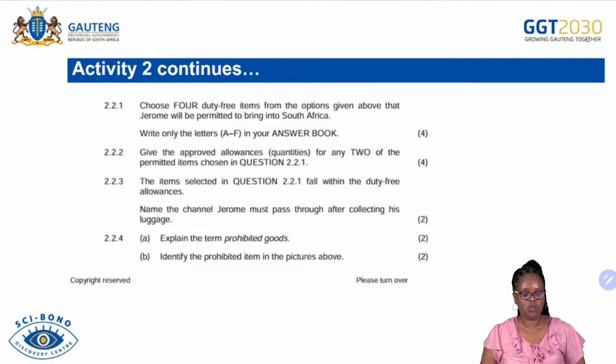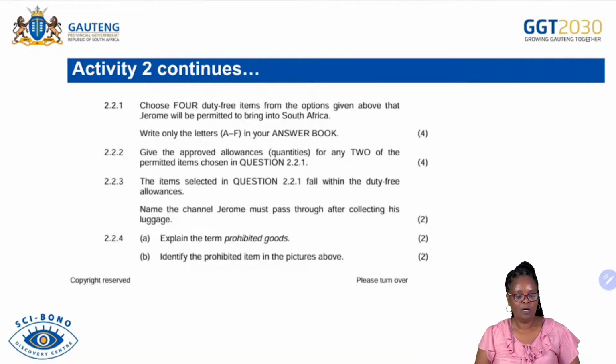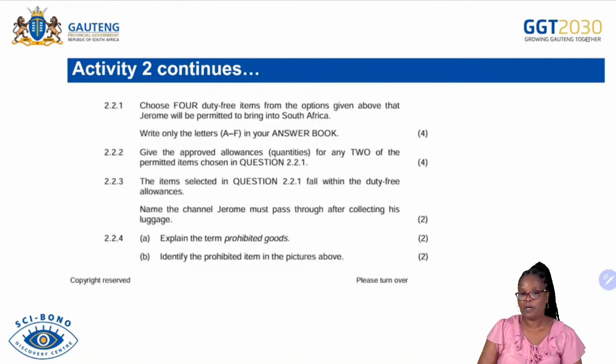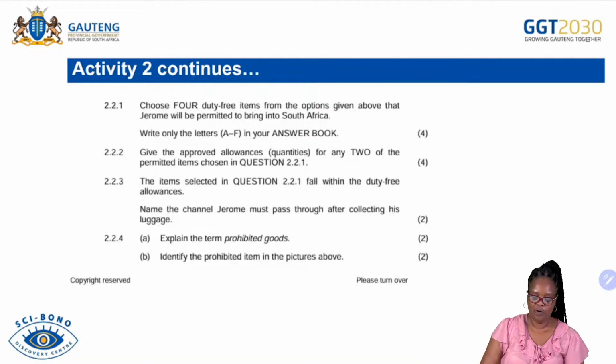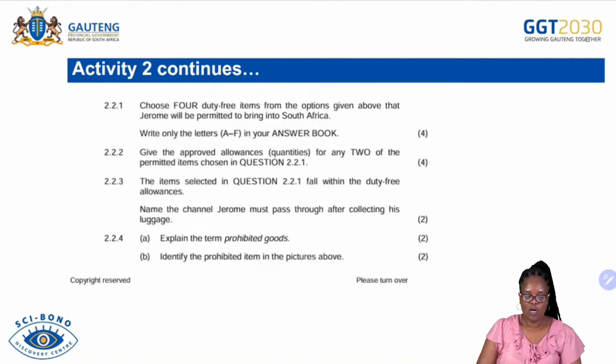Then we go to 2.2.2. It said give the approved allowances, the quantities for any 2 of the permitted items chosen in question 2.2.1 for 4 marks. So you chose B, and they're not supposed to bring anything more than 50 mils of perfume, not more than 250 mils of eau de toilette.